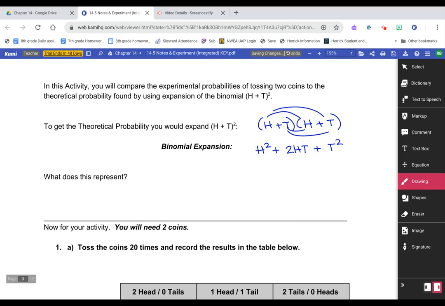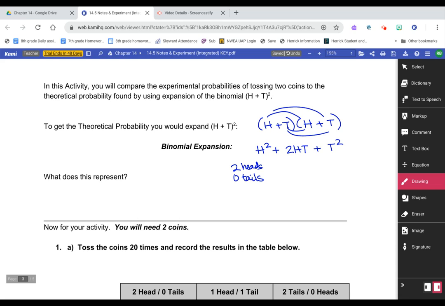And what does this really mean? Well, h squared would represent getting 2 heads and 0 tails. Because remember, you're taking 2 coins, tossing them at the same time. And this would represent you have 2 heads.